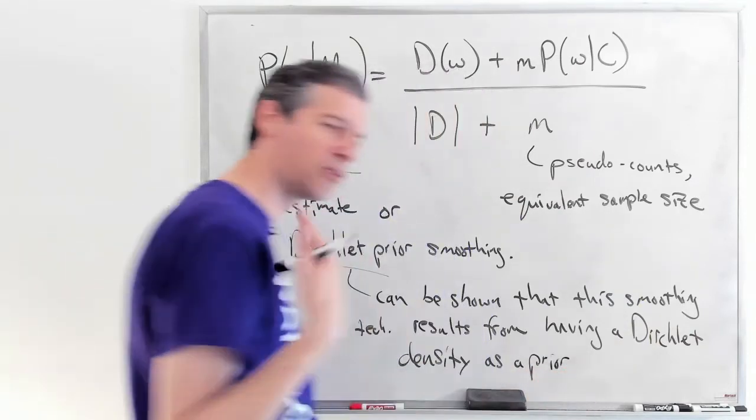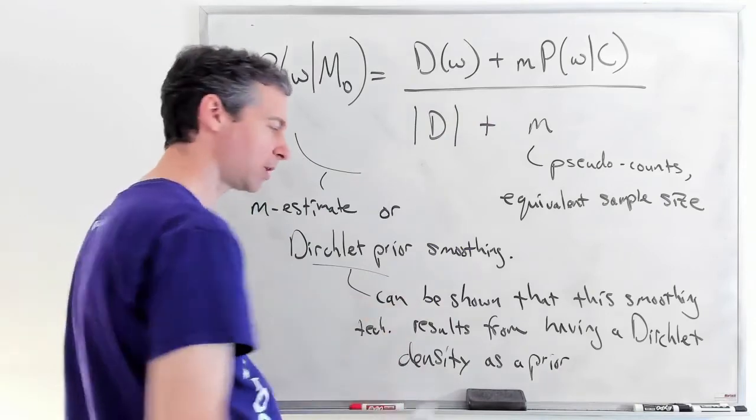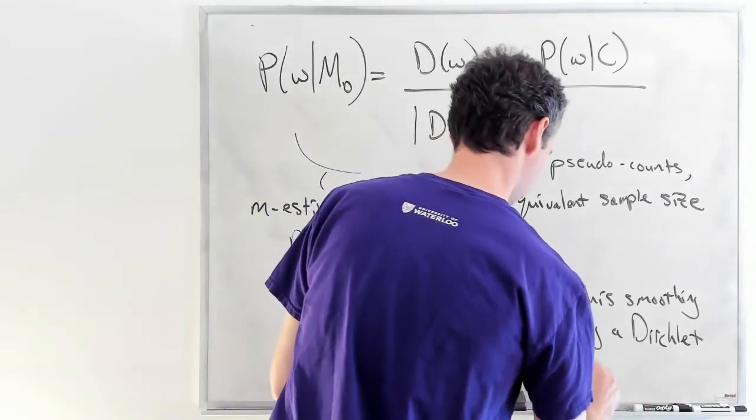So what is our belief in the probabilities before we know any data for a multinomial?